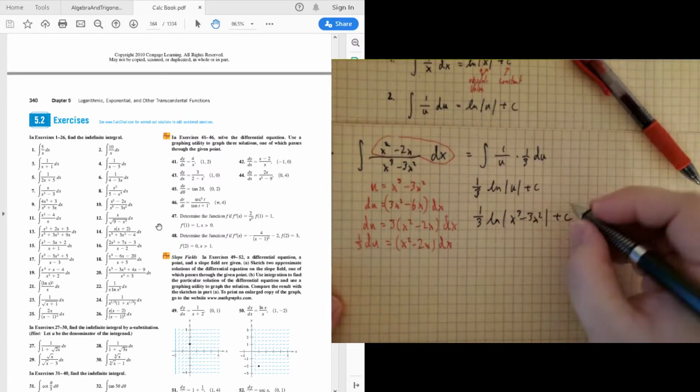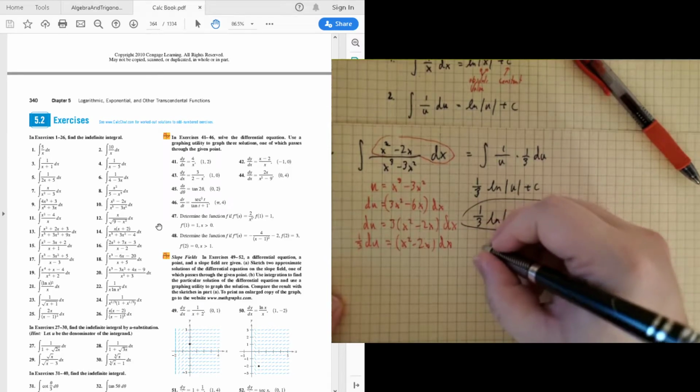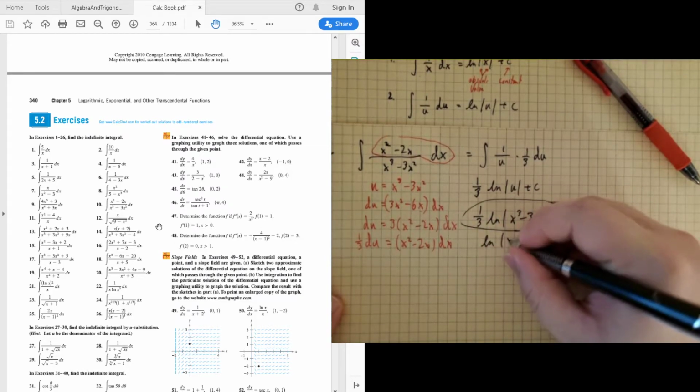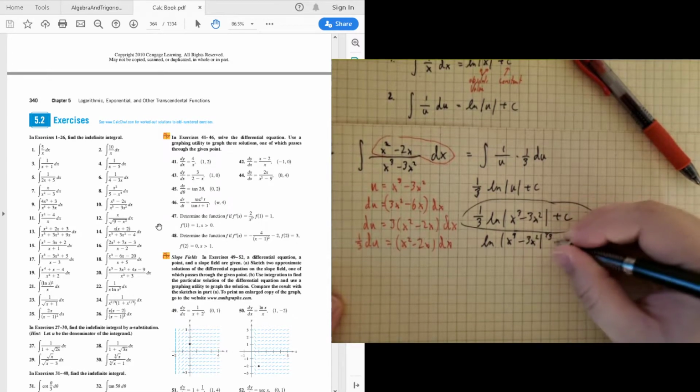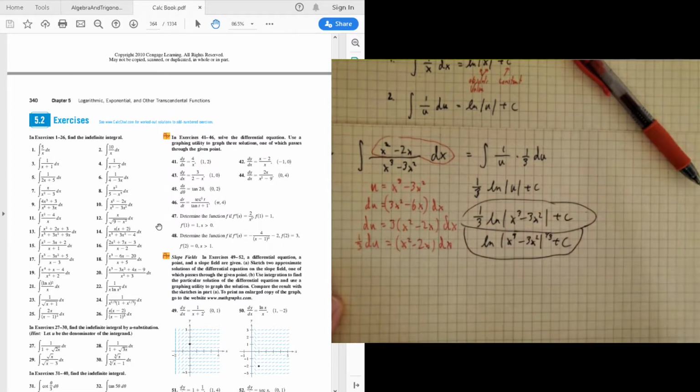That's considered one acceptable answer. The other one, of course, would be to move the power up, as a second acceptable answer.